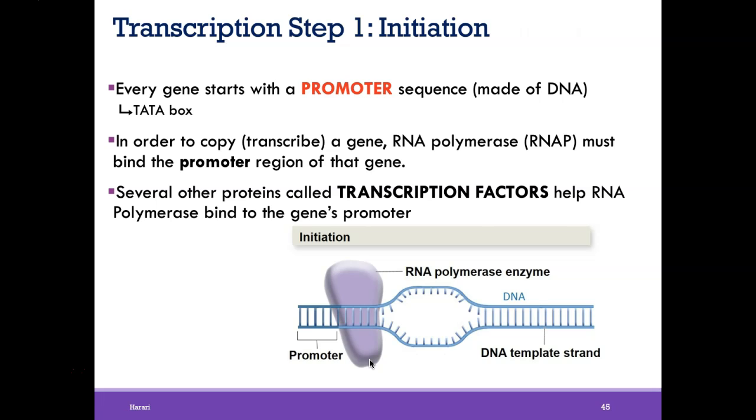But basically, if you're in an eye cell, you have certain transcription factors telling RNA polymerase to go to all the eye-related genes, because we need eye proteins in an eye cell. In a muscle cell, you're going to have different transcription factors telling RNA polymerase to transcribe different muscle genes. That could be a little confusing now, so we'll talk about that later. But for now, I want you to understand that RNA polymerase starts transcription by binding to the promoter.